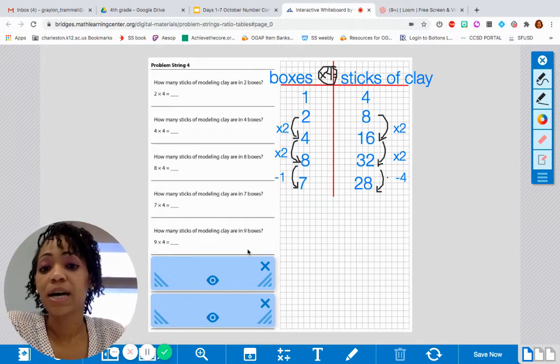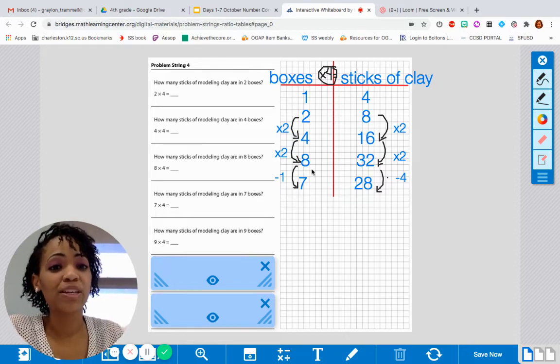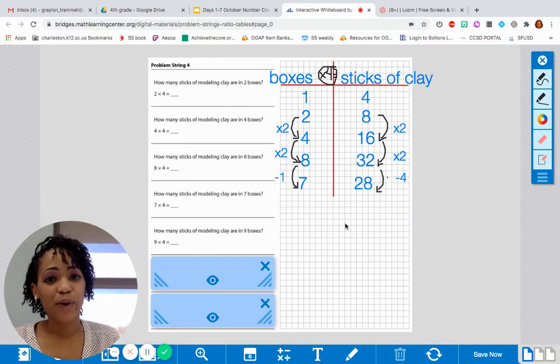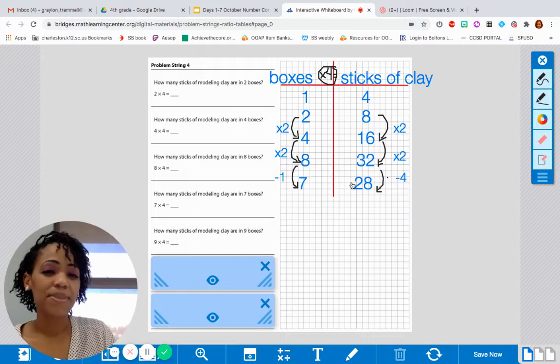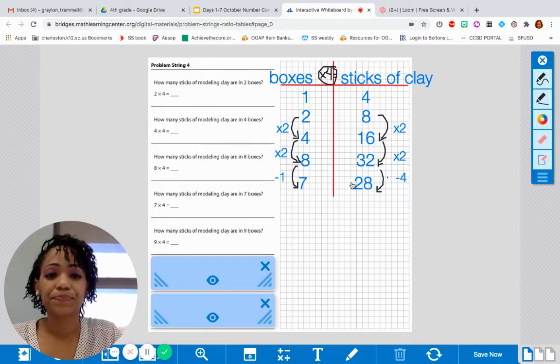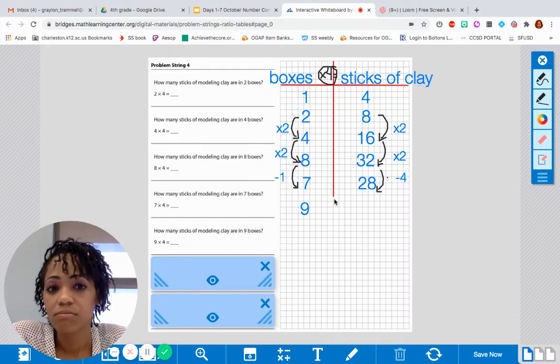How many sticks of modeling clay are now in 9 boxes? Remember, we're using what we know here to help us figure it out. So if you know 9 times 4, great. But then I'm challenging you to think about how it is related to something we've done here. Is 9 related to 2? Nah. Is it related to 4? Nah.